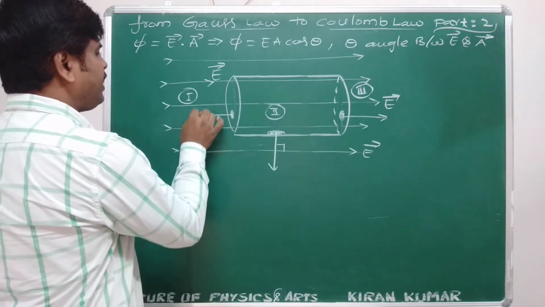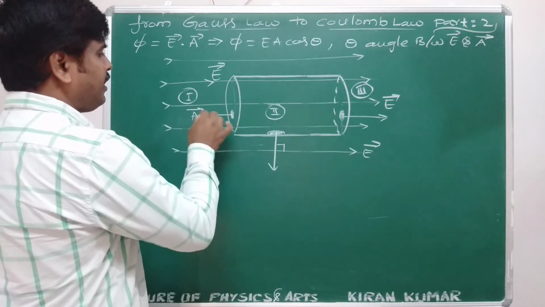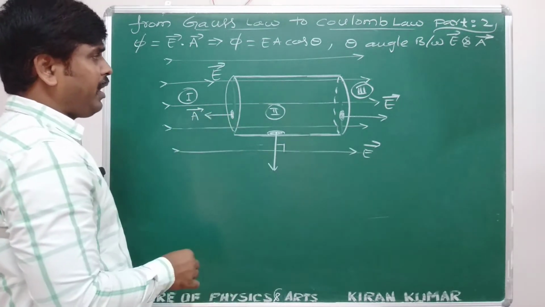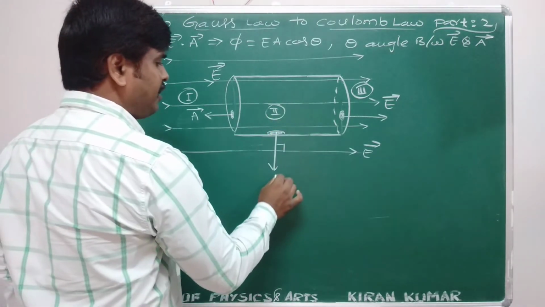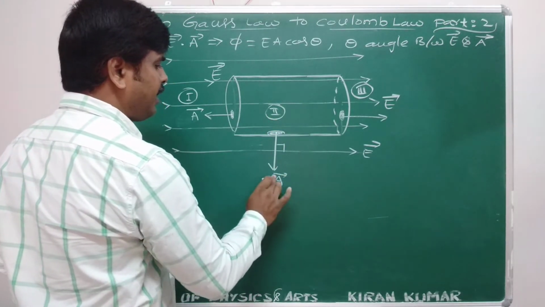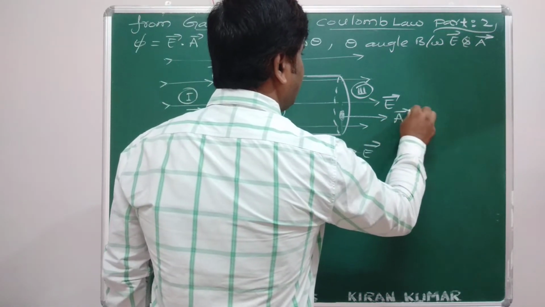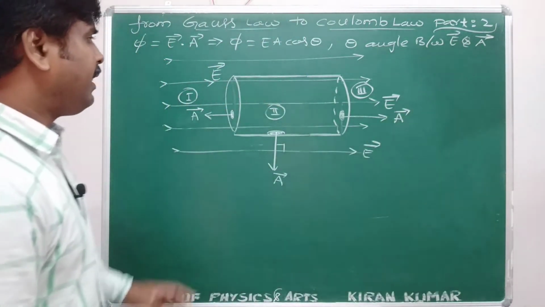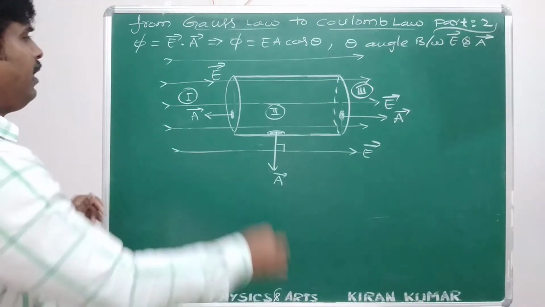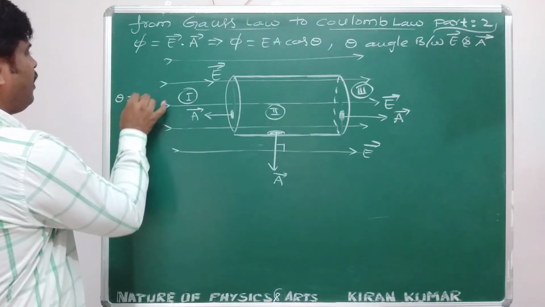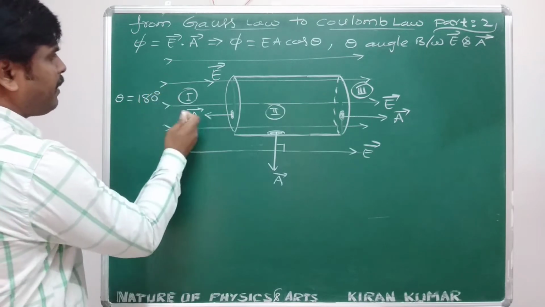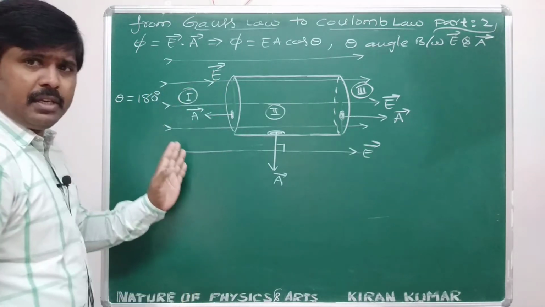In the first region, the area is A, taken as A bar. This is the second region, area is taken A and A bar is the area vector. Then step by step we can do. Here theta is equal to 180 degrees because A bar and E bar are in opposite directions.